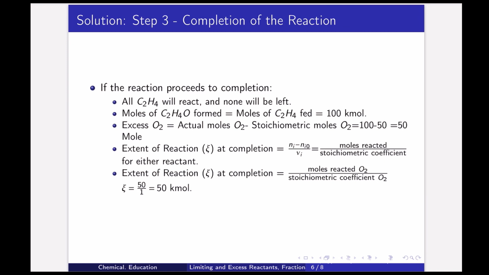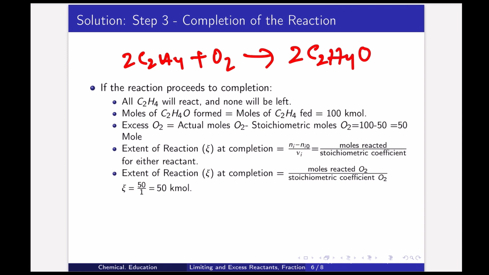So the stoichiometric reaction is 2C2H4 plus O2 gives 2C2H4O. So 2 moles of ethylene form 2 moles of ethylene oxide. So the moles of C2H4O formed is equal to the moles of C2H4 fed, because all C2H4 reacts. So 100 kilomoles.